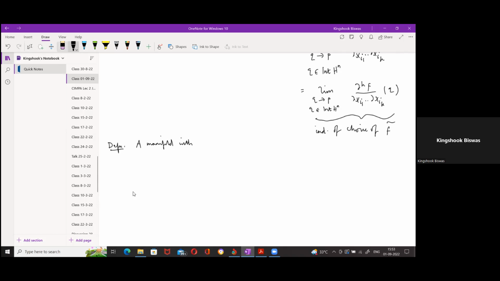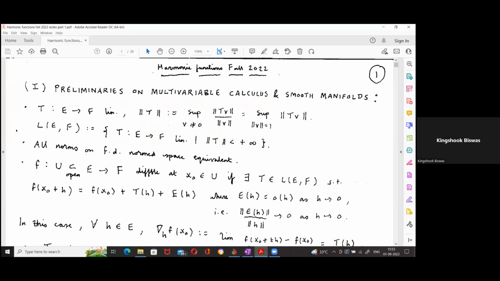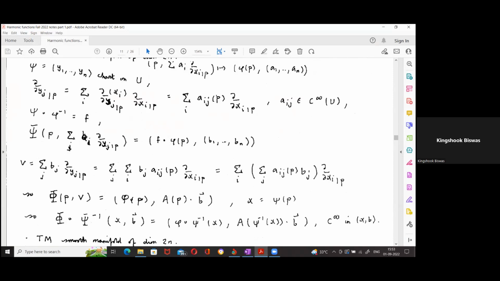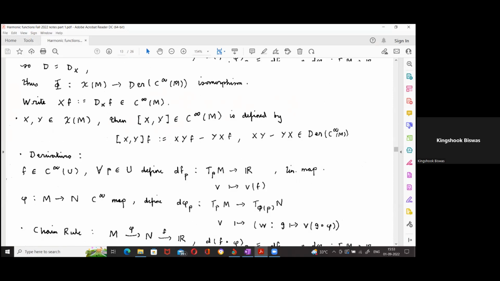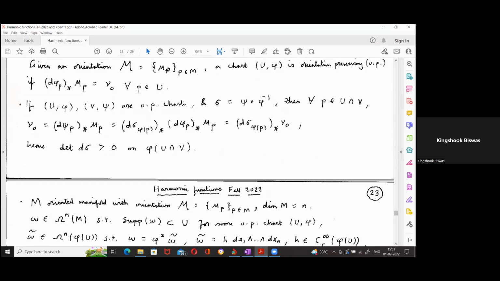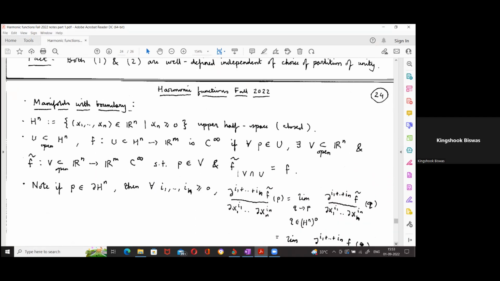So, to save time, let me go to the notes because the definition is given there. So we've done this. Let me switch to the notes. Right. Okay, so we have manifolds with boundary.